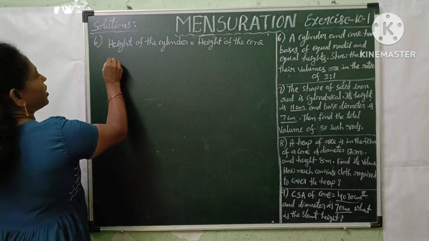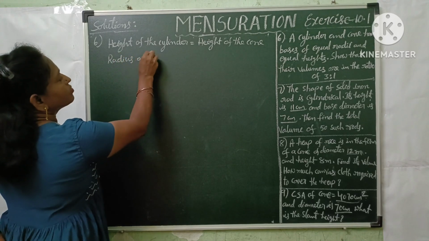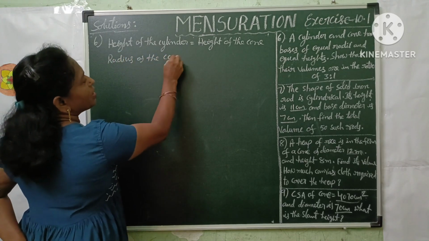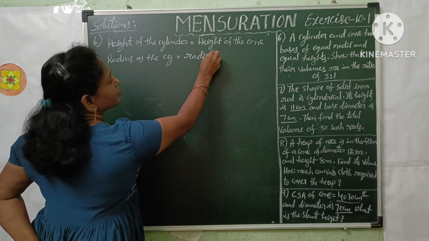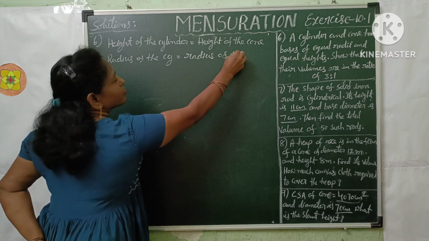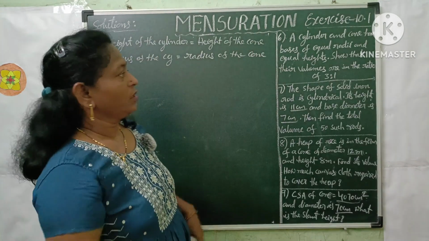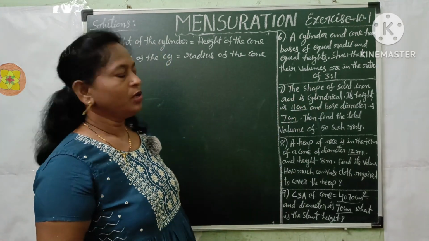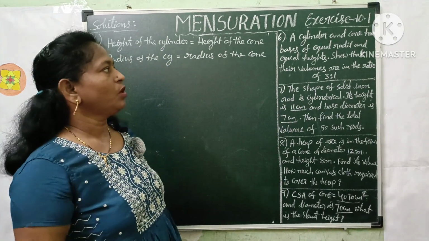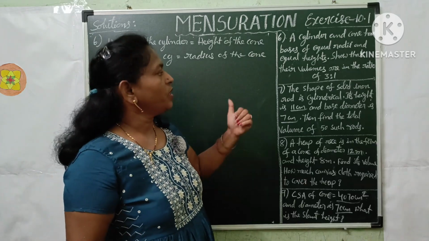So the radius of the cylinder is equal to the radius of the cone. Then show that their volumes are in the ratio. So what volumes are in the ratio? The cylinder and the cone volumes we have to show in the ratio.